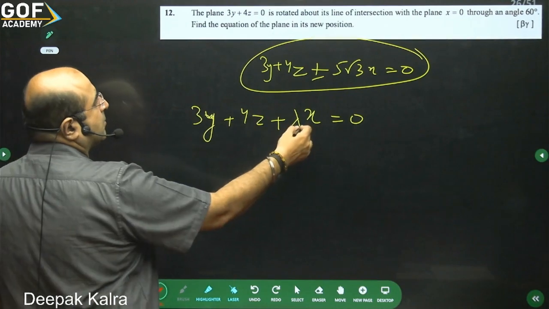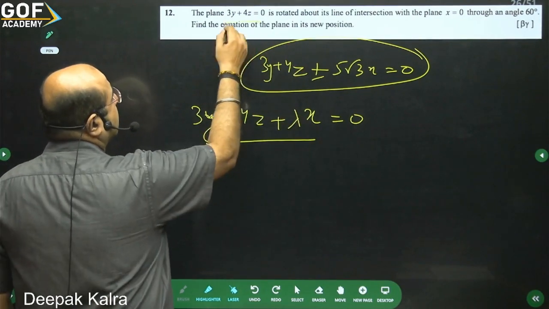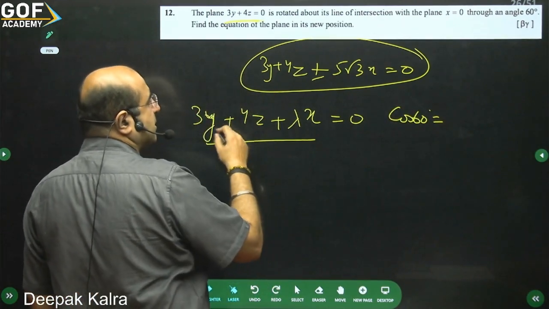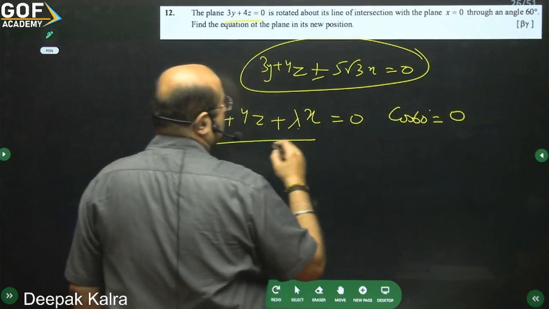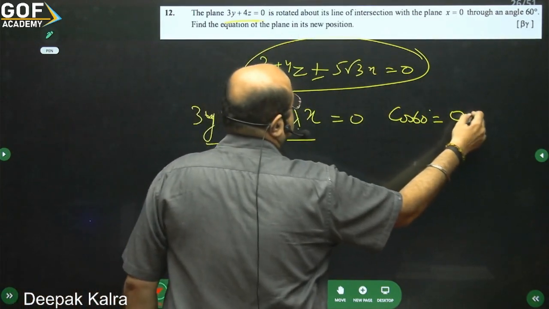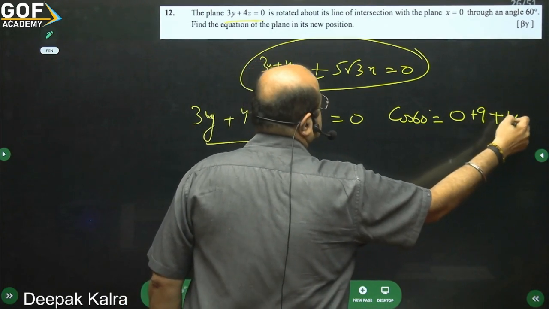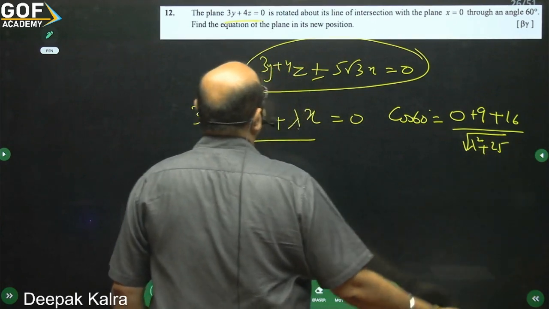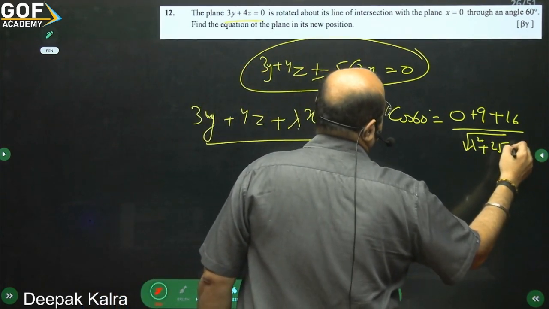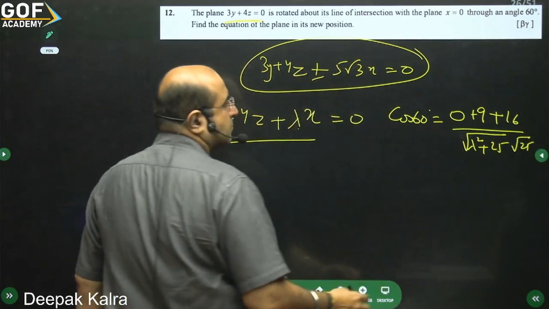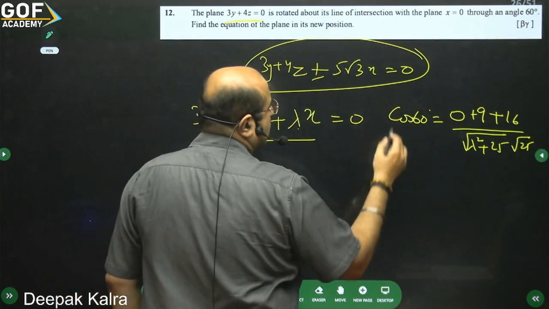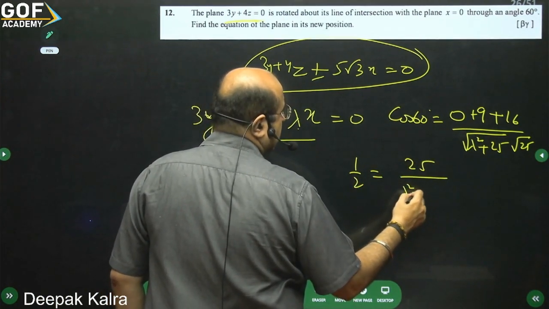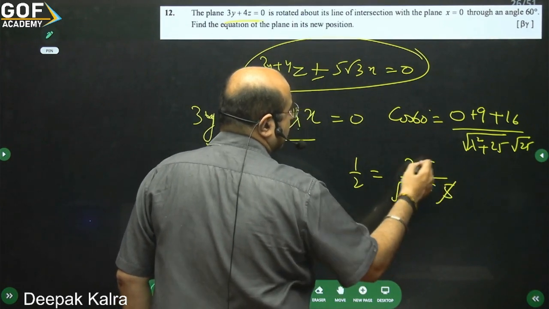Okay. And now take this plane, and the angle between them is 60. So cos 60 is equal to 0 plus 9 plus 16 over under root lambda square plus 25 and root 25. This is nothing but 1 over 2. You have lambda square plus 25 under the root, 5 go on.